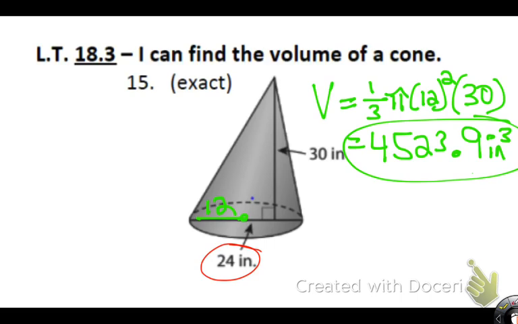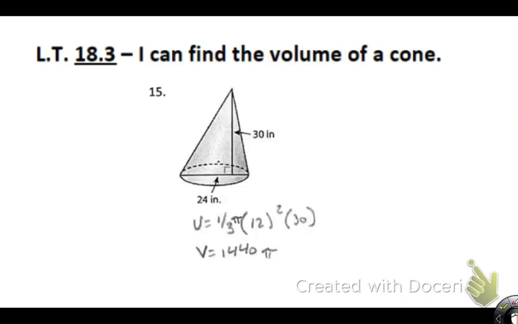All right, 4523.9. Or exact would be 1440 pi, if you just multiply all the numbers together and then you leave the pi in the answer.